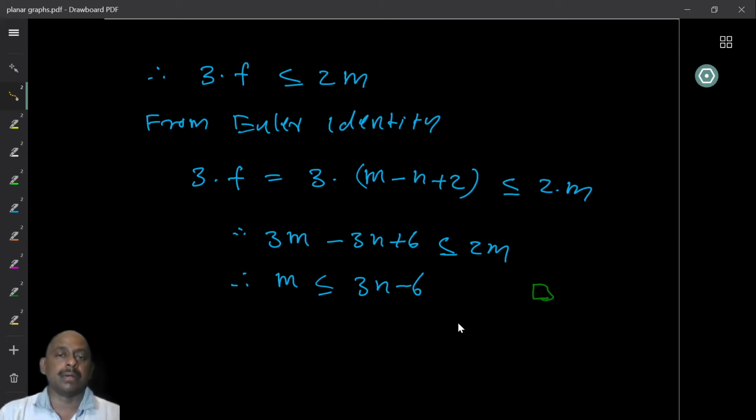So for any planar graph G, we have shown that you can have at most 3n minus 6 edges. We can assume that the graph is connected, because if the graph is not connected, we can add edges to make it connected, which will only increase the number of edges.